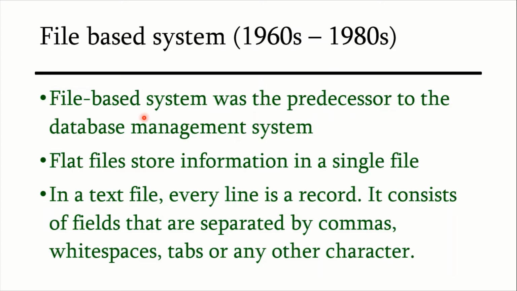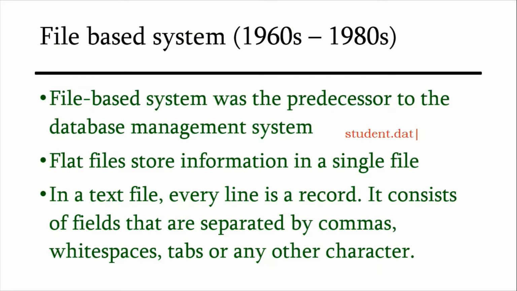So first came the file based system. Flat files store the information in a single file. Just now I told you we can create a file like this. For example, here I'm writing student.dat.